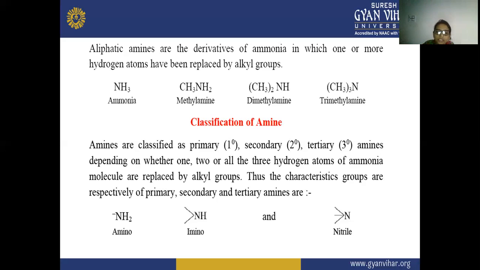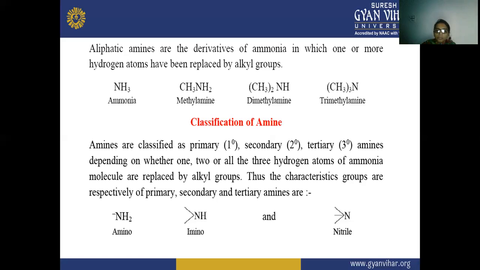Here you can see in the amino group there is a replacement of one hydrogen atom, and in the imino case, there is a replacement of two hydrogen atoms, and in the nitrile, there is a replacement of three hydrogen atoms.